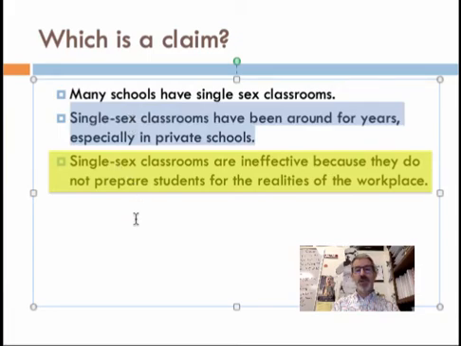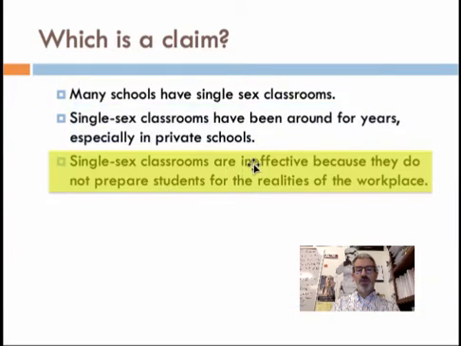Single-sex classrooms are ineffective because they do not prepare students for the realities of the workplace. Now we actually have an argumentative claim where you would need to argue what you mean by ineffective and in what ways single-sex classrooms are ineffective. If you do that, maybe then we could see why you would argue that they don't prepare students for the workplace. Thus, we have a claim.